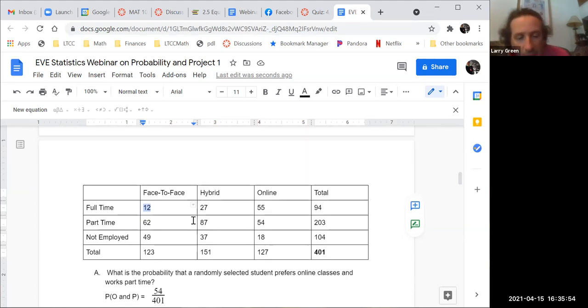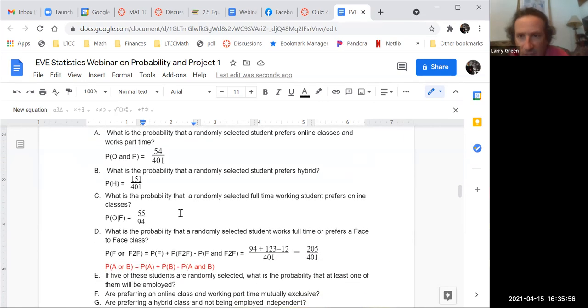So I have to go minus 12. Does that make sense? Do you understand how that minus 12 happened now? So that minus 12 comes from the minus full-time and face-to-face. So we definitely have a minus there. There's a minus, and there were 12 that were full-time and face-to-face. Good, good. Okay, any other questions?